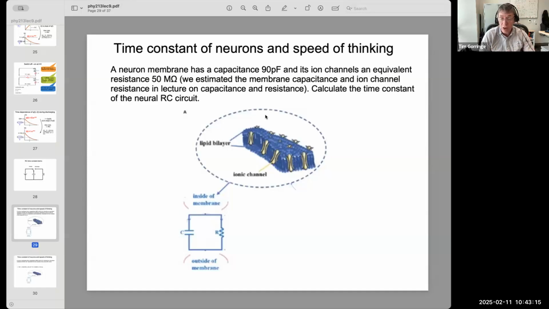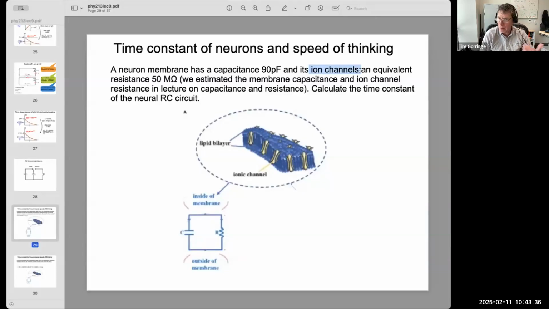It stores charge on either side of the plates, and I think we worked out the capacitance of a neuron's membrane, and in the example we used, it was 90 picofarads, so 90 times 10 to the minus 12 farads.